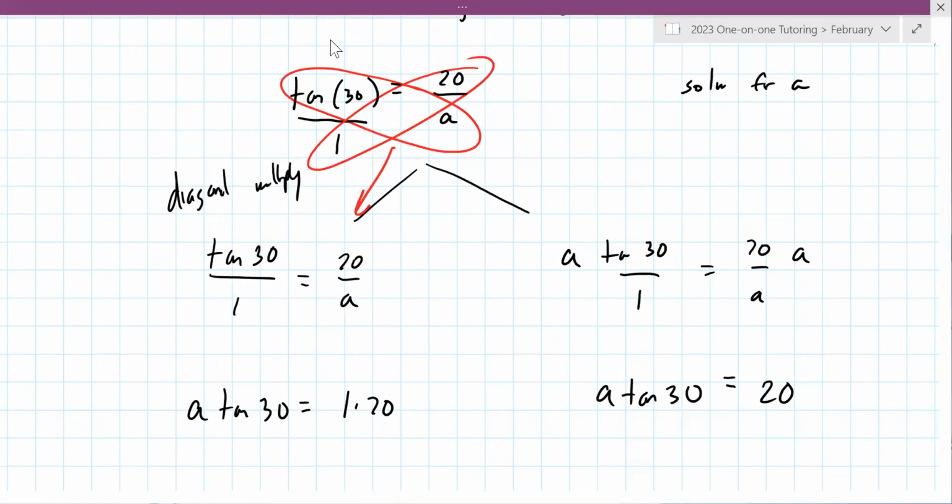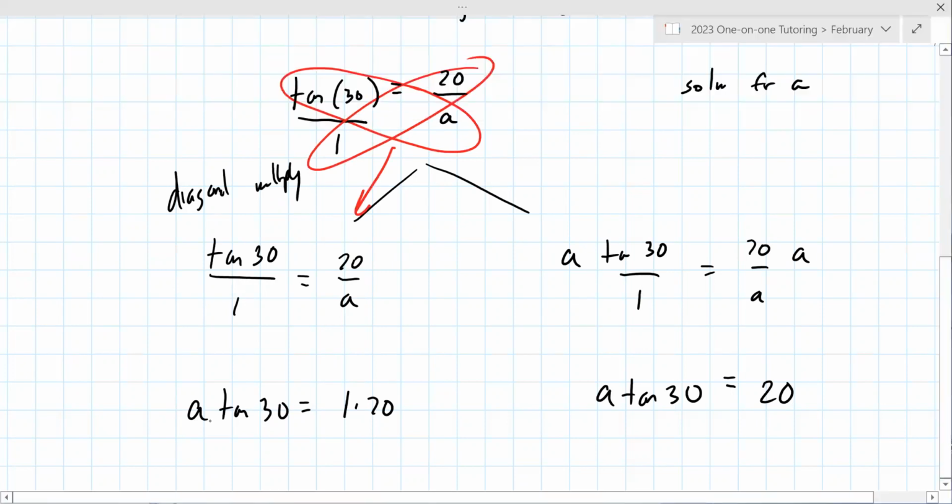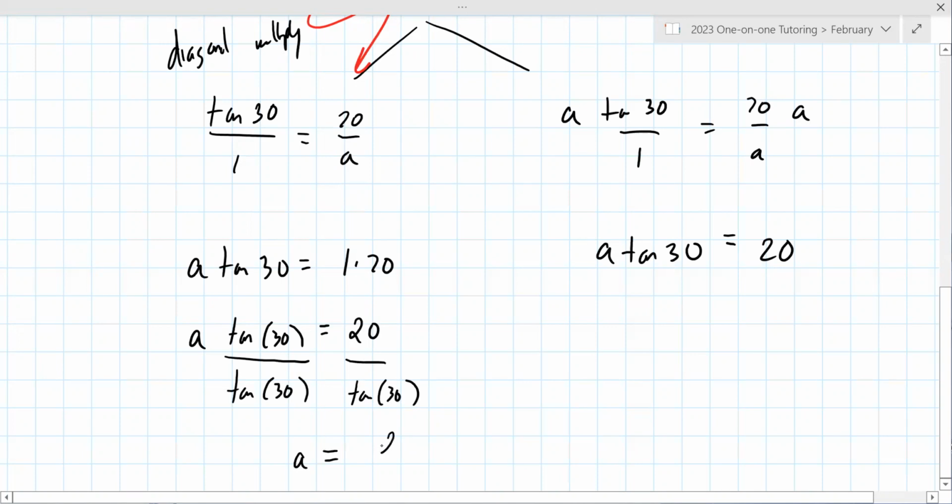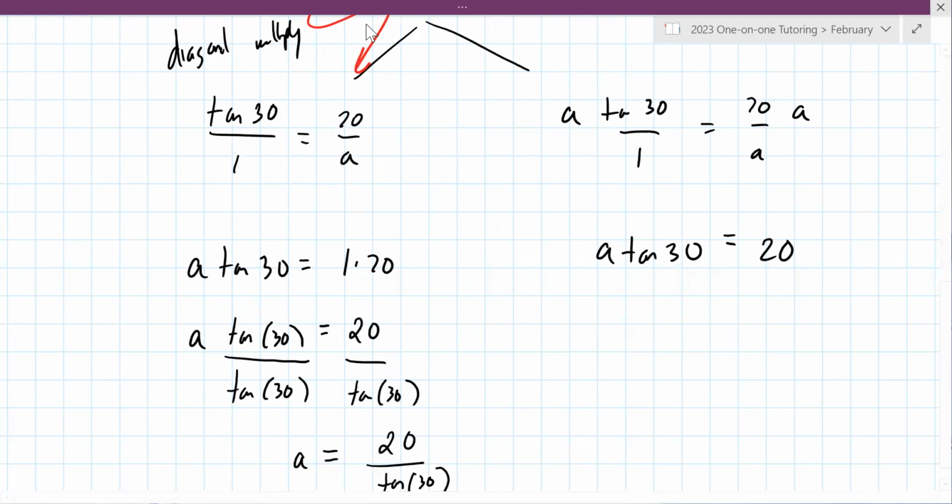So we're at this step where you have A times tangent of 30 equals 20, and you're going to divide both sides by the tangent of 30. So you write A tan 30 over tan 30 equals 20 over tan 30.